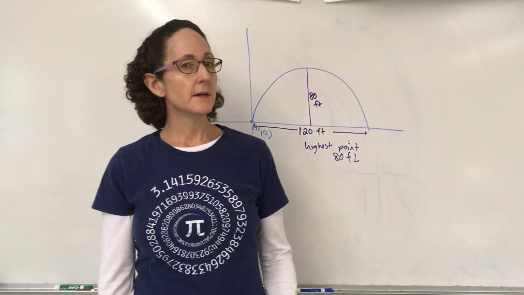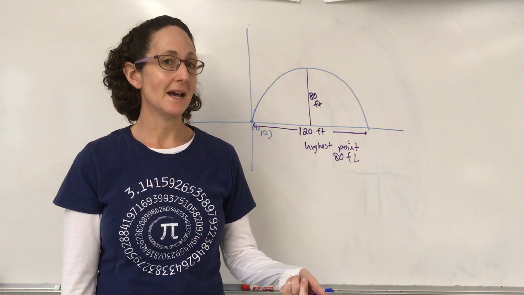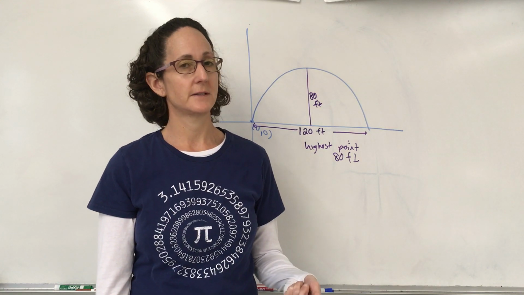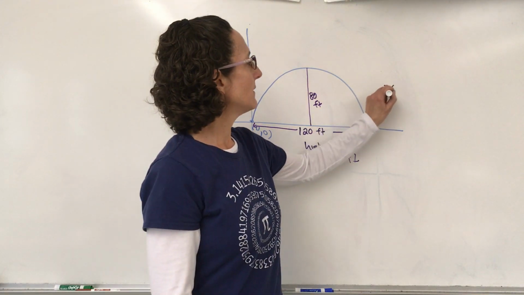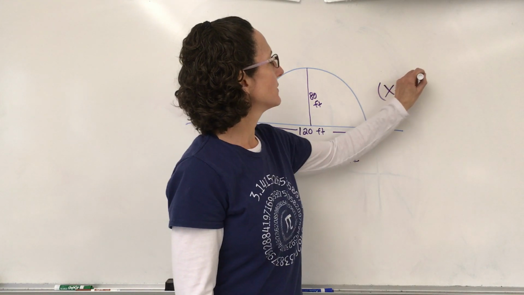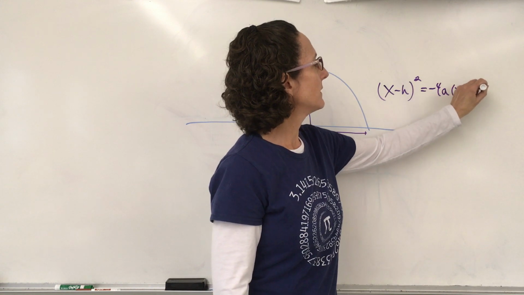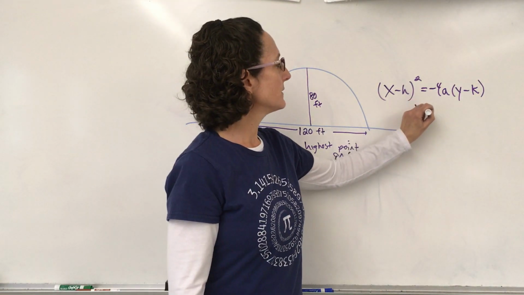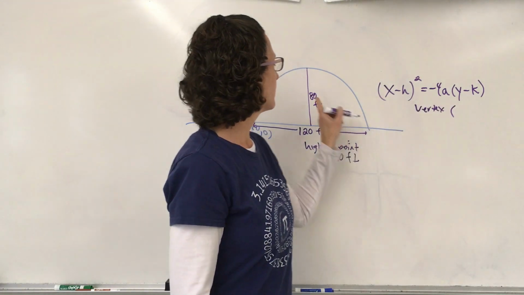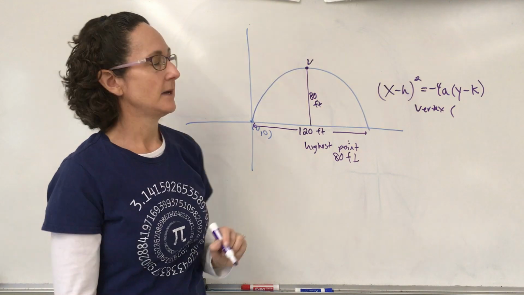Okay, so just like always, first thing you do is you write down the equation of a parabola opening down. And this one does not have a vertex at 0, 0, so we do have to use the h's and the k's. So opening down is (x minus h) squared equals negative 4a times (y minus k). All right. The vertex is always what you fill in first. The vertex is, in this problem, right here, okay?